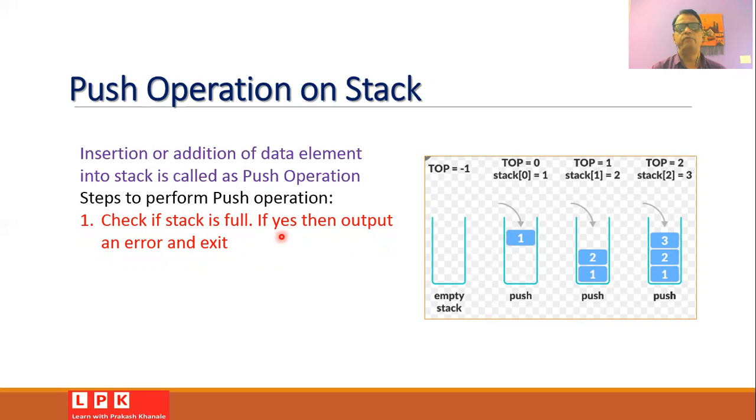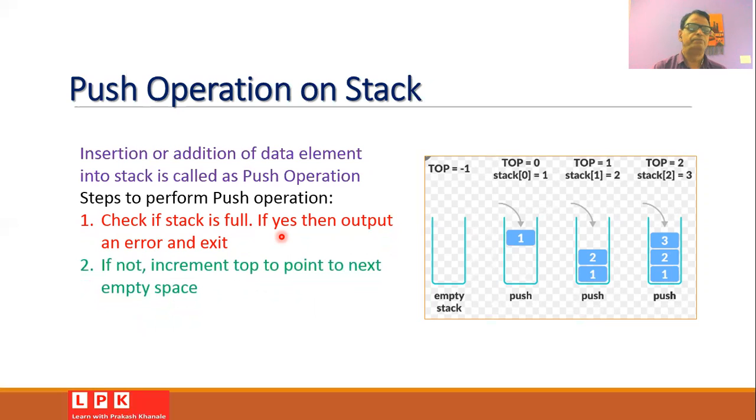In the first step, we will check whether there is space available for the new element. So we will check if the stack is full or not. If the stack is full, then it is not possible to insert the element, and therefore we will output an error and exit the algorithm. But if the stack is not full, then you can insert the new element into the stack.